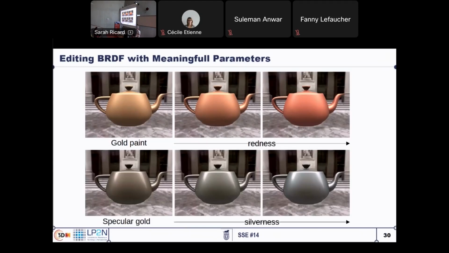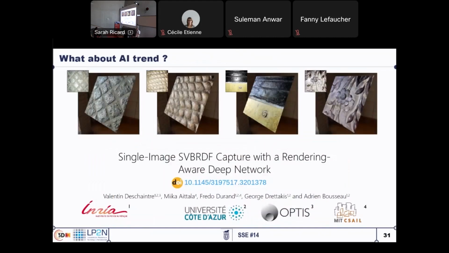And this leads to a domain that is currently used a lot: artificial intelligence. I simply point to this paper because it is one of the first that used artificial intelligence for this, and it is highly cited. It's from 2019.